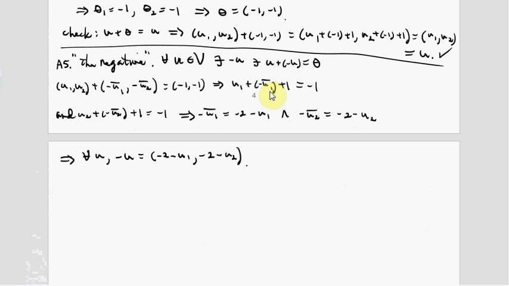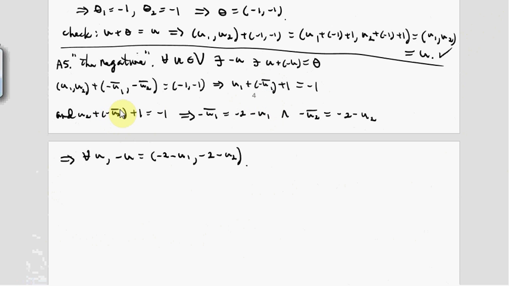If it's an equation, you can subtract the same term on both sides. So for this negative u sub 1 hat, how do you get that term by itself? I'm going to subtract u sub 1 on both sides and subtract 1 on both sides. So I get negative 2 minus u sub 1. Right? And the same thing for the negative u sub 2 hat.